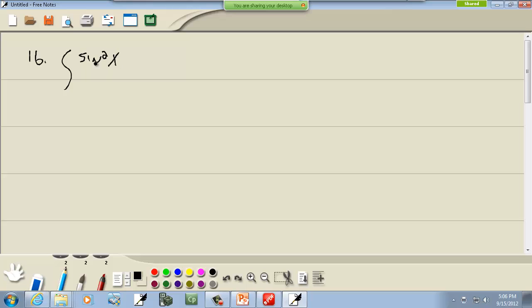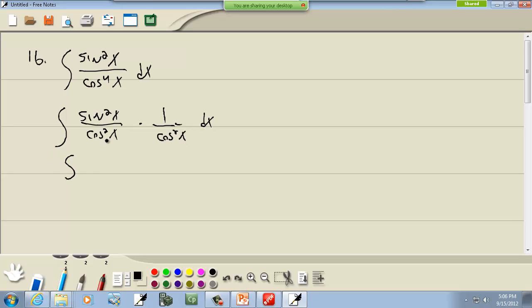Let's see, sine squared over cosine to the fourth. I did this one in class, but I'm not sure if I remember it. Okay, sine squared over cosine squared, I'll split it up, times 1 over cosine squared.